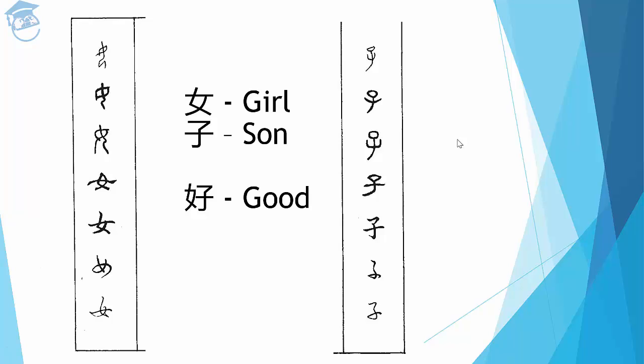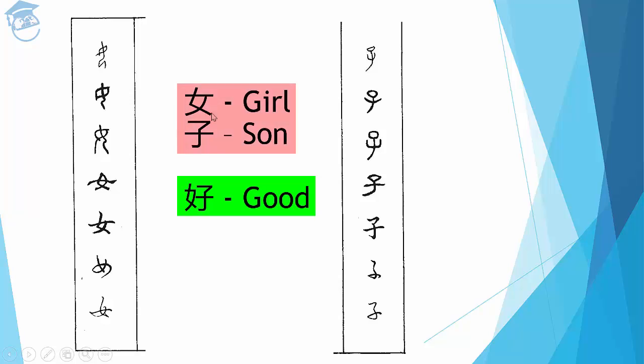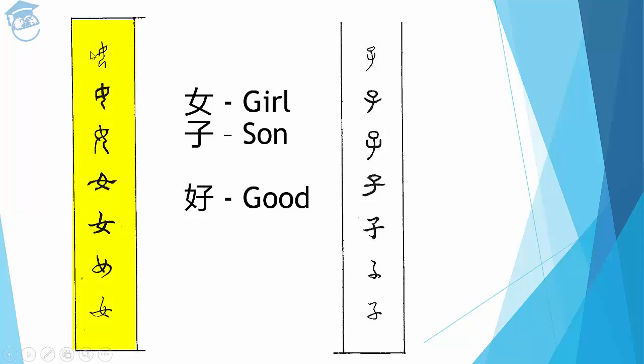And the Chinese word good is a combination of girl and son. So this is girl, this is son, and when it's combined, it becomes good. For girl, if you look at this one, you can imagine it as a person who is doing a curtsy in Chinese style. So you may need a bit of imagination here.